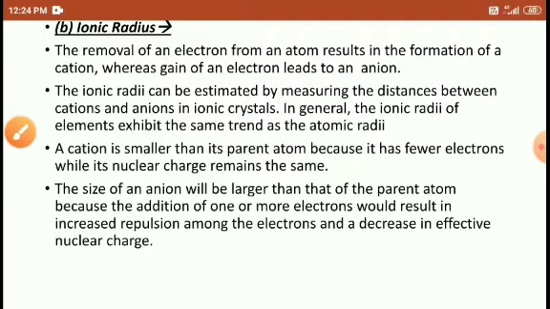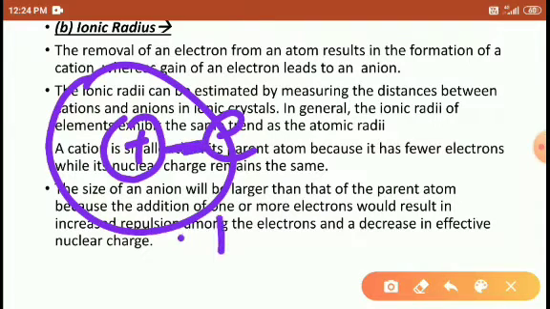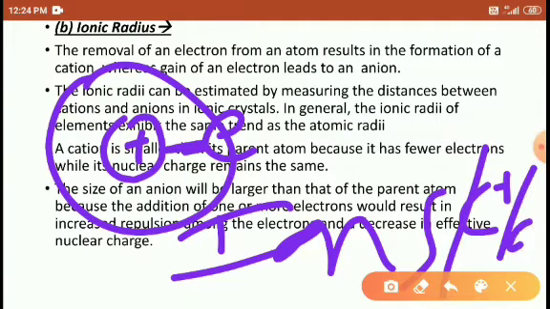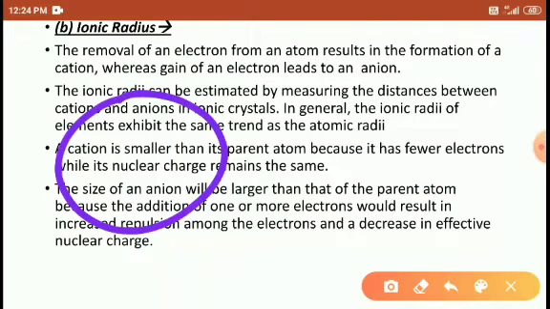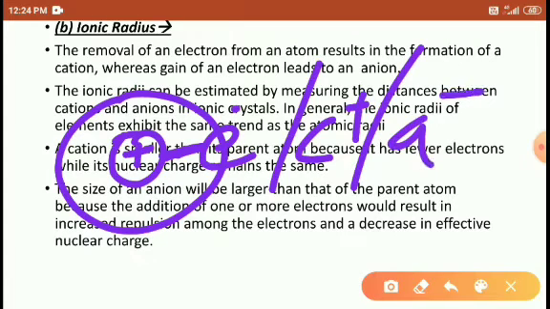It is the distance from the center of the nucleus to the outermost electrons of the ion. Ions may be cations or anions, right? Either a positively charged ion, cation, or a negatively charged ion, anion.